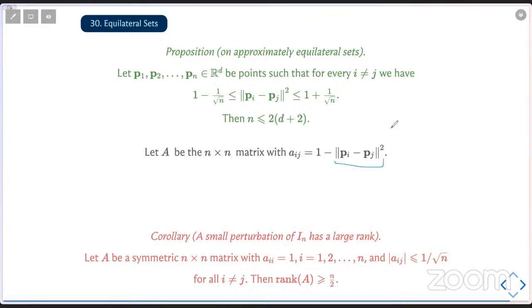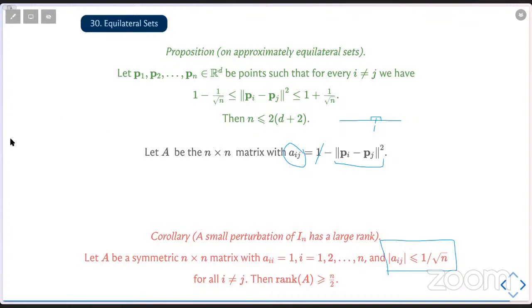Because it's an approximately equilateral set, we know that the squared distance between the ith and the jth point in our set is within one over root n of 1. And now we have knocked out 1 from it. So the A_ij entries are therefore in magnitude at most 1 over root n, just like in the premise of the corollary.